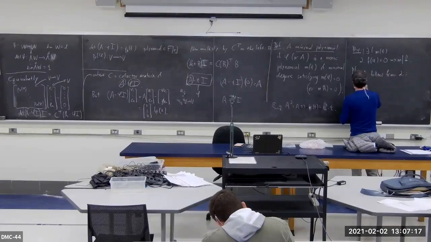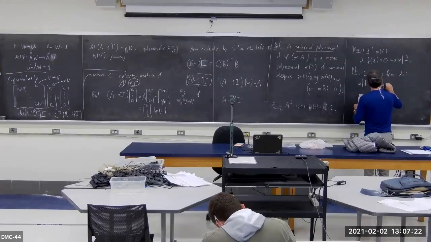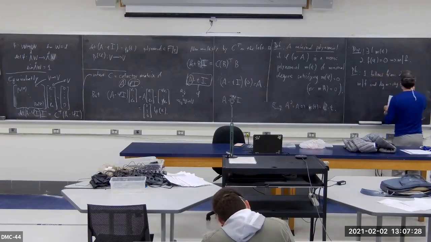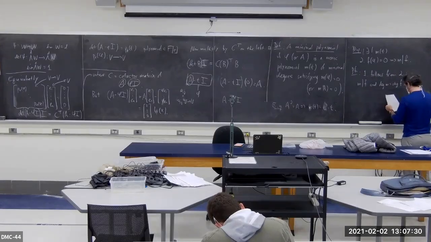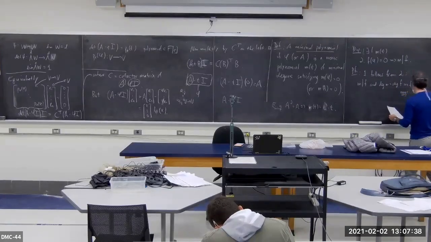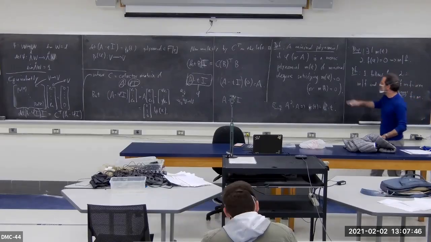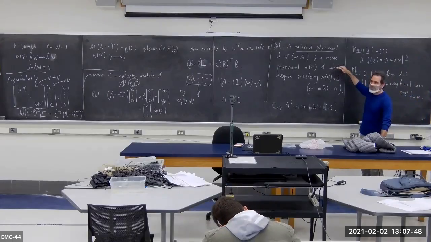It's because if m divides f and the degree of m equals the degree of f, then f is alpha m. Because you required a minimal polynomial to be monic, it implies in fact f equals m. Because I required that a minimal polynomial have minimal degree, if there are two of them, they have to be scalar multiples of each other. But because both are monic, the leading coefficient is 1, so they have to be equal.